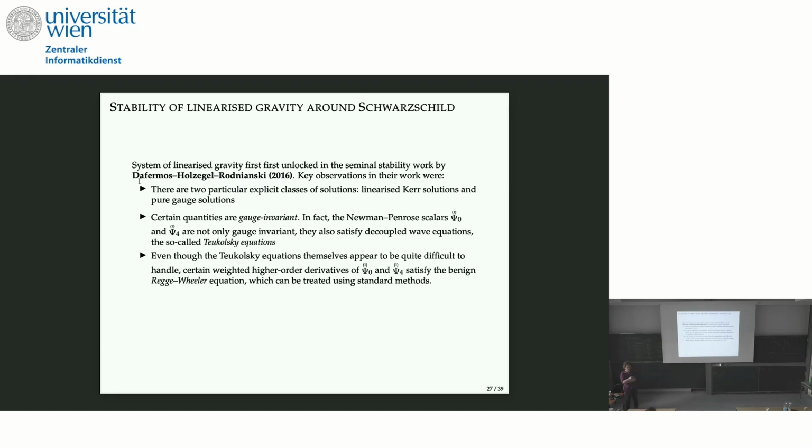Now, the Teukolsky equations themselves are still a bit hard to deal with from a mathematical perspective, because they have first-order terms with certain bad weights. But these first-order terms can be removed by suitable commutations with some vector fields. At the end of the day, you can make out of psi0 and psi4 some quantities that satisfy the Regge-Wheeler equation, which is essentially the usual tensorial wave equation, and you can treat that by standard methods.